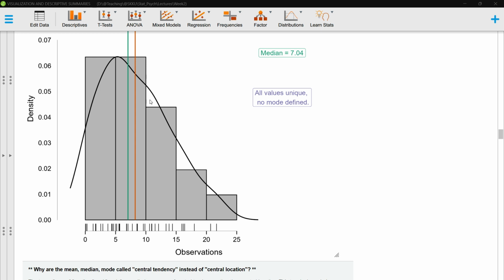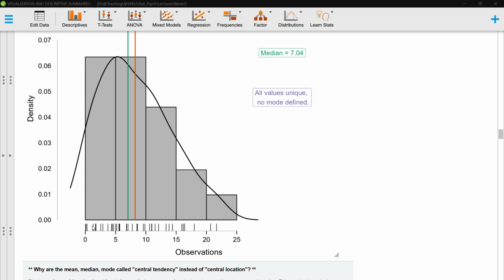It's pretty skewed, an unbalanced shape of the distribution. And the curve is the density plot, so you have some sense of the relation between the histogram and the density plot. The density plot has less noise and is smoother than the histogram.